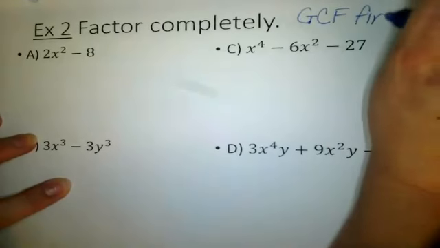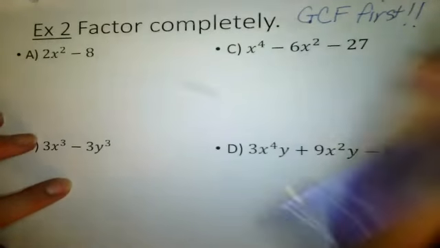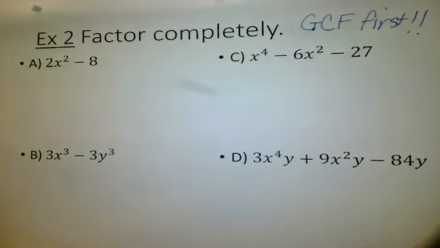GCF first. Always check to see if you have a greatest common factor. Can you double bubble? Or factor by grouping, which we did yesterday. Or do you have sum or difference of cubes? Because that's a different factor pattern, okay?